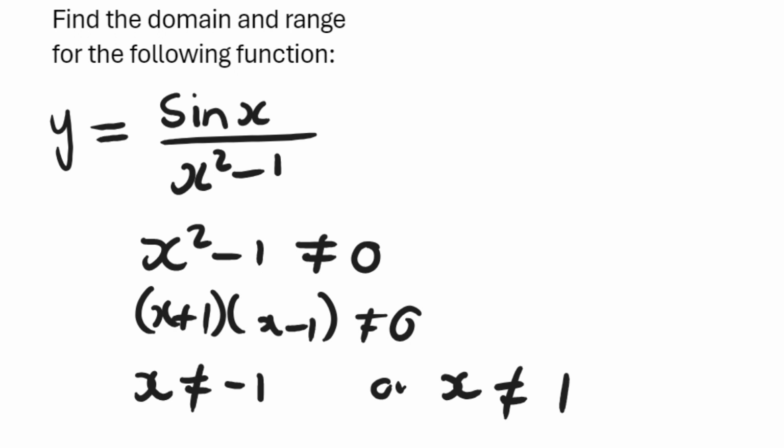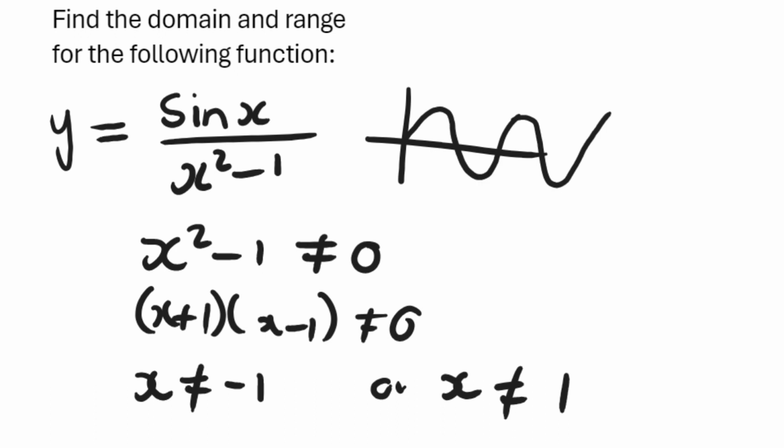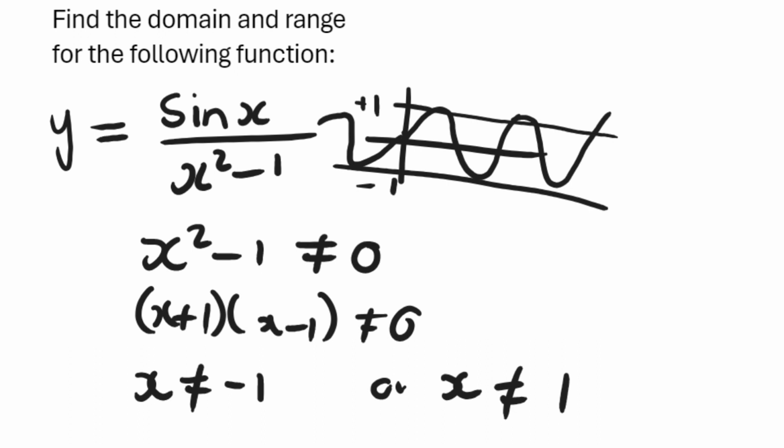Now let's look at the numerator of our function. You must always check: sine x is going from 1 to minus 1 for all the values of x. It keeps on going from positive 1 to minus 1.